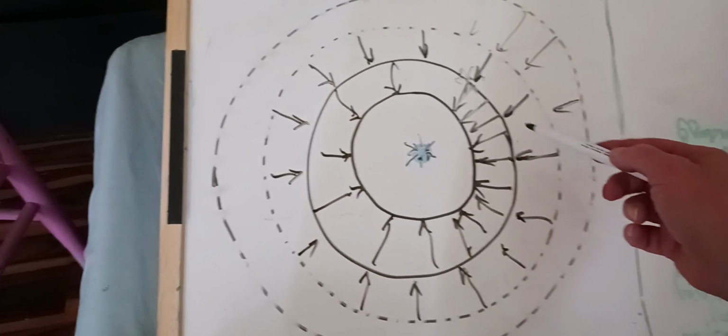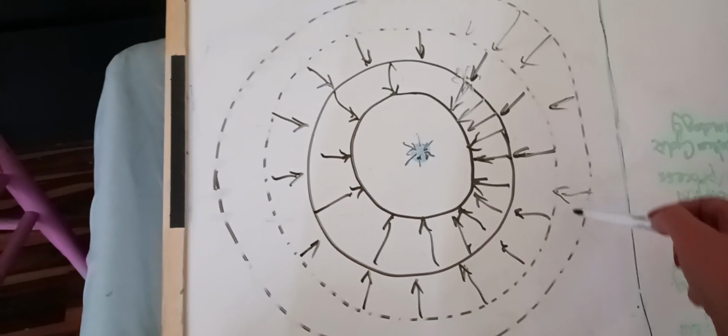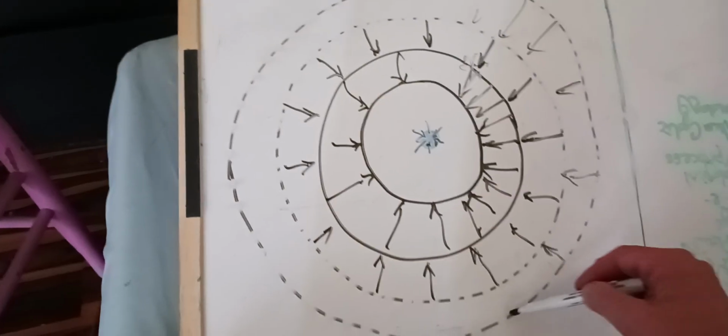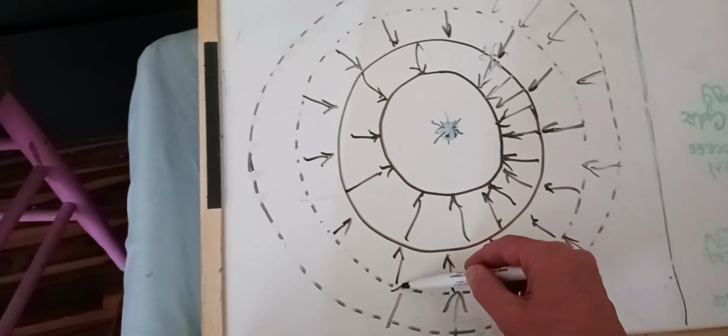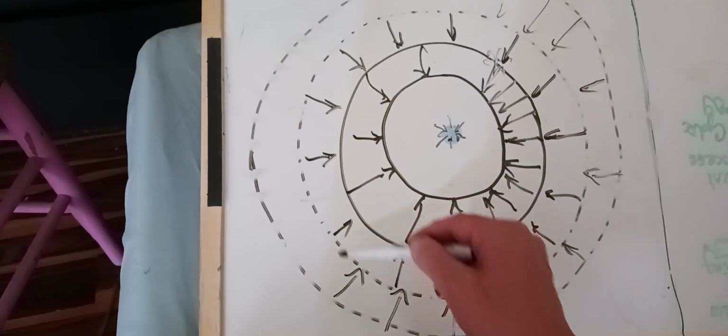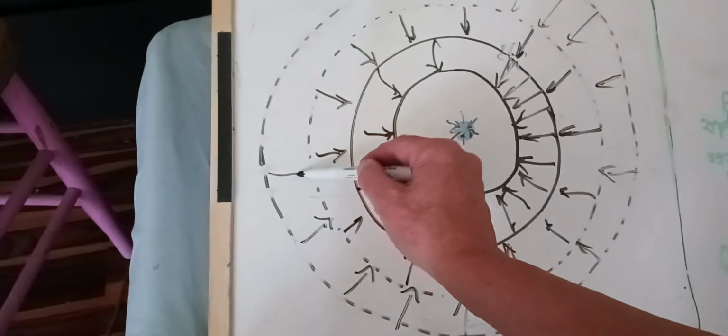And this is how we get the photon as essentially an implosion shock wave, as created by the collapse of the electron orbital.